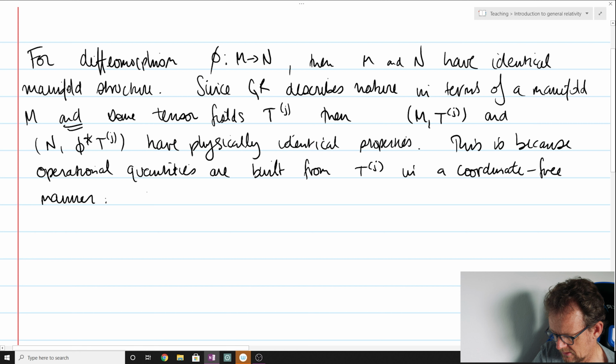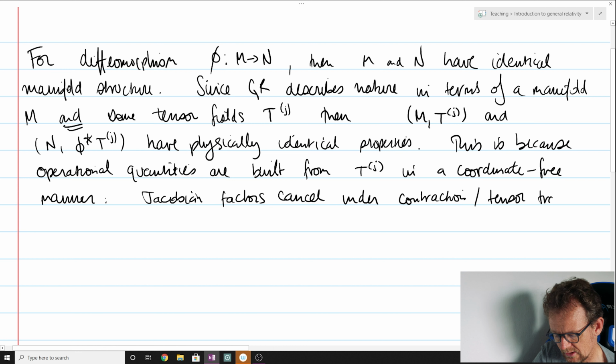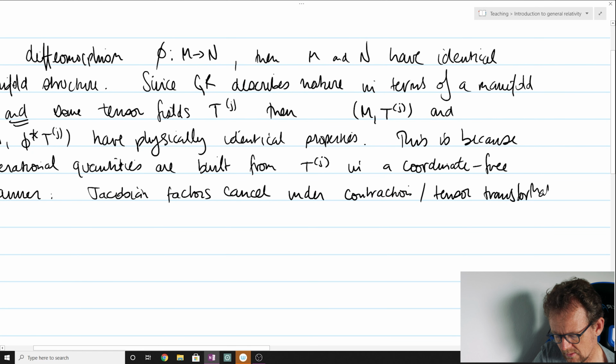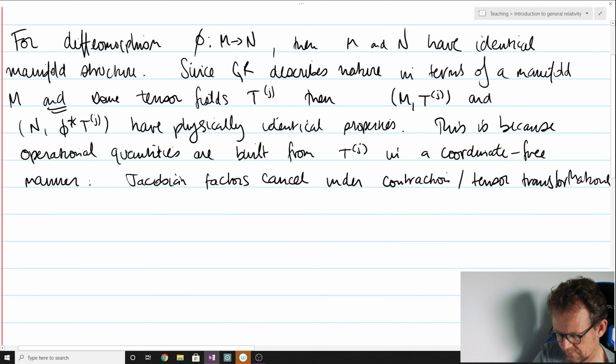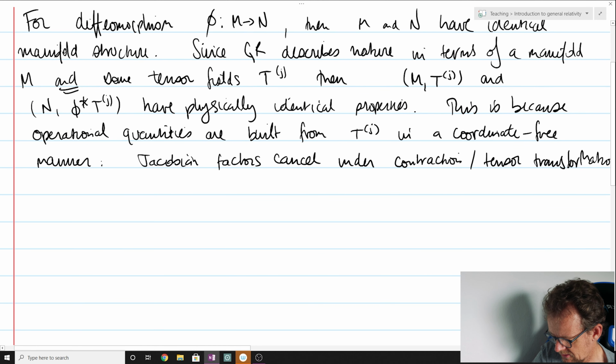And what does that mean? Well, that means that Jacobian factors cancel under contraction, tensor operations or tensor transformations.